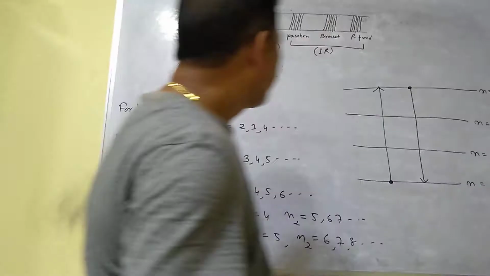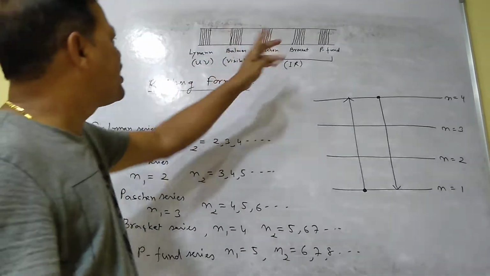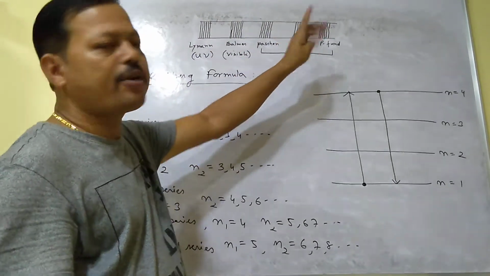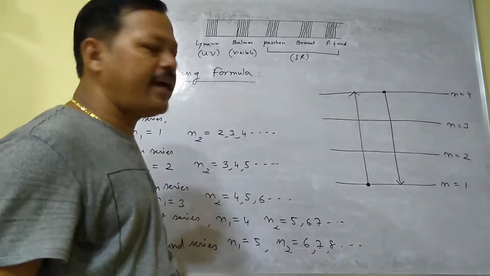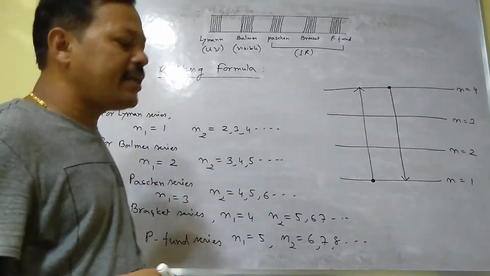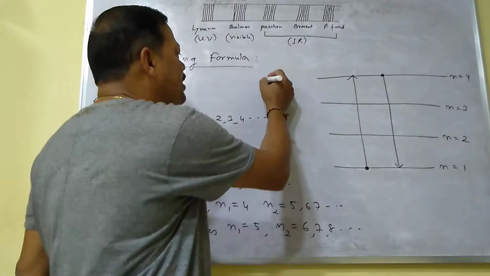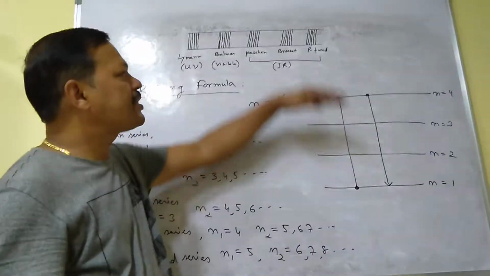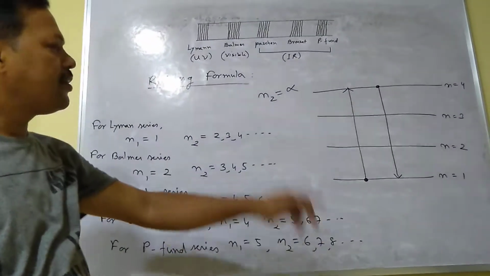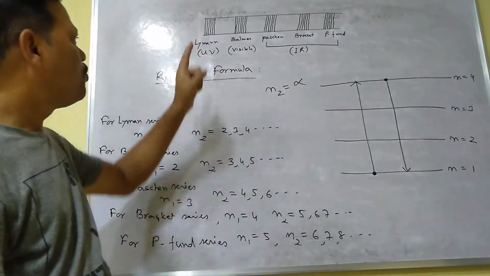Now in every series, whether it is the Lyman, Balmer, Paschen, Brackett, or Pfund series, one line is called the limiting line. Which line is called the limiting line? The limiting line is the line in which the n2 value is infinity. If the line is coming from the infinity level, then that line is called the limiting line of the series.